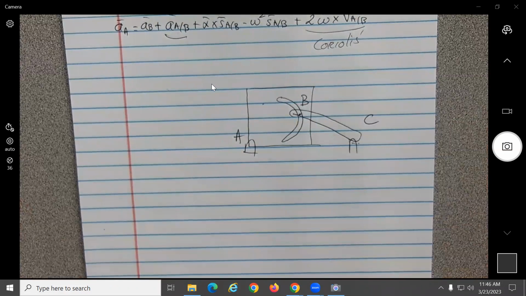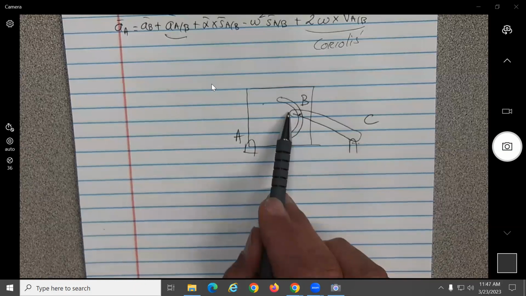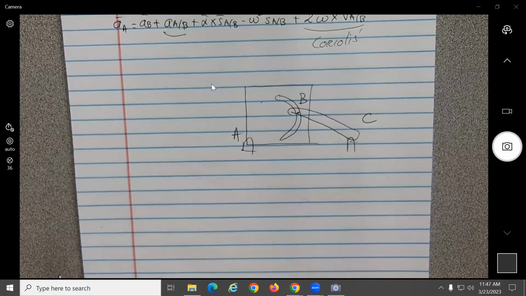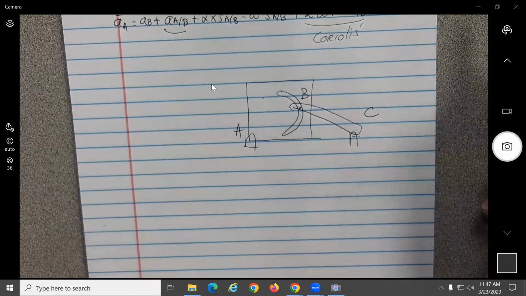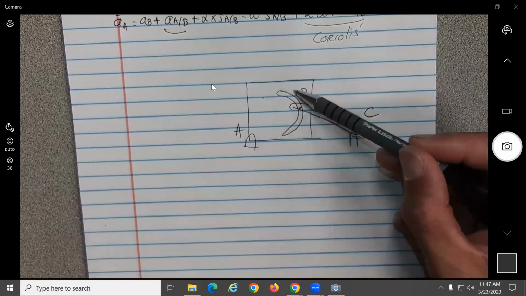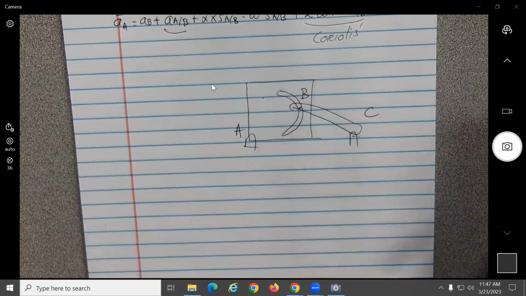No, so there are no relative terms between B and C. Now if you go from A to B, is the distance between A and B fixed? No, so you're going to need relative terms. Yes, okay.